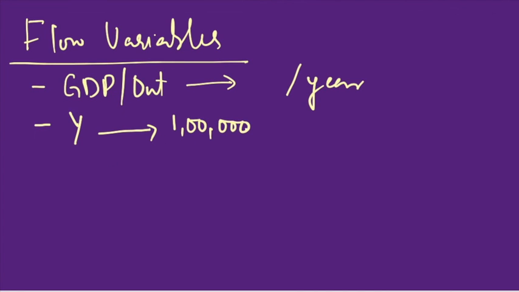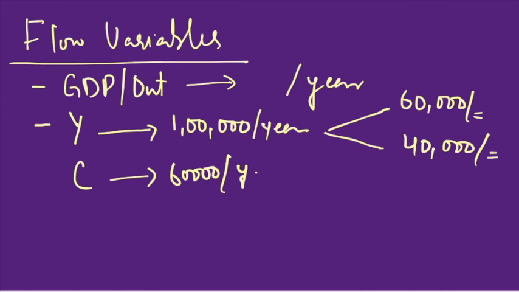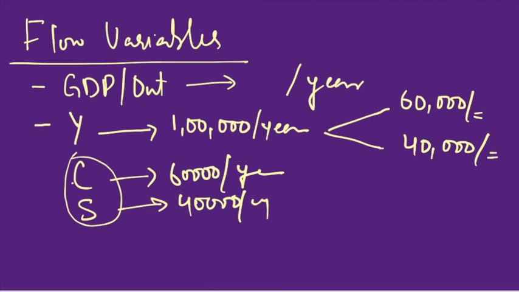It will be per year 100,000 or per month. Then consumption. Let's suppose that the person is spending 60,000 on consumption, and then he is saving 40,000 from his total 100,000. So consumption is 60,000 per year, and then saving will be equal to 40,000 per year. So consumption and saving become flow variables.